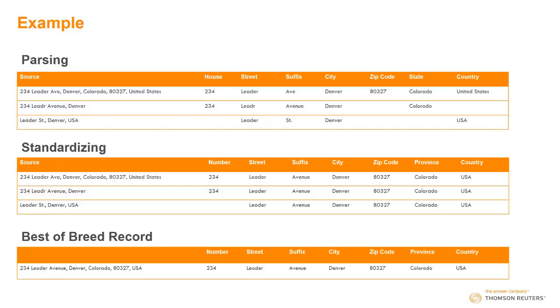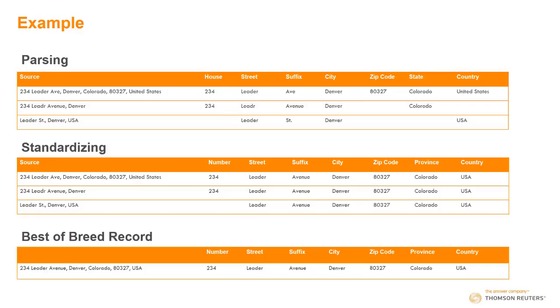So for example, if you look in your database and you see 3 different addresses, as I've outlined here, 234 Leader Avenue without the E, Leader Street still in Denver, and you look at all the different pieces, when you break them out and parse out the data, you can actually go through and start standardizing the data.